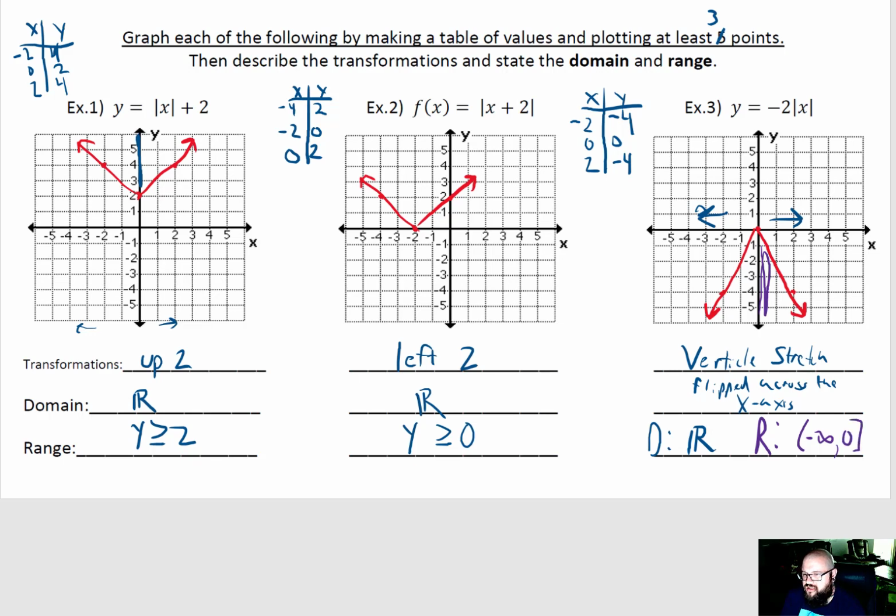It's actually going to touch it. So another way you could write this is simply saying your y values are less than or equal to 0. Or, in interval notation, you could write negative infinity, comma, 0. The easiest way to write it would be y is less than or equal to 0, though. It's shorter notation-wise.